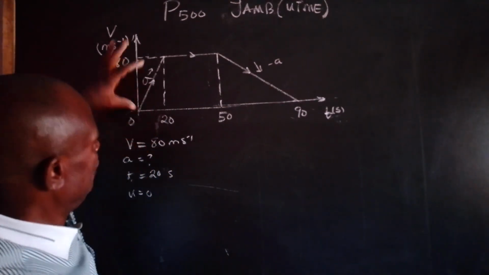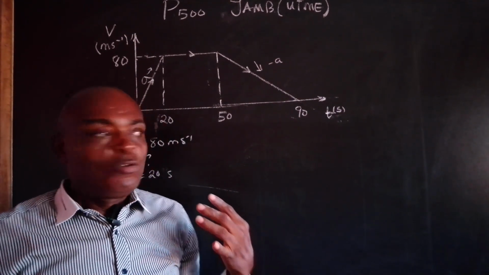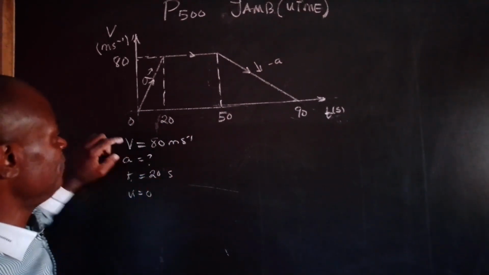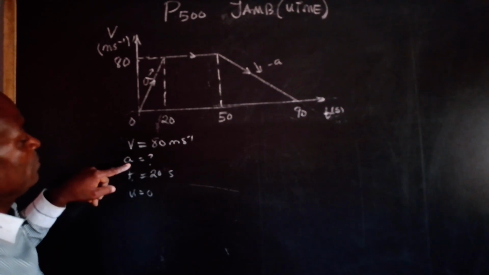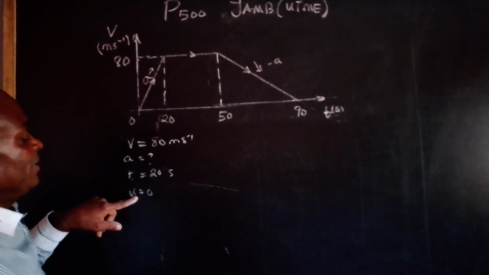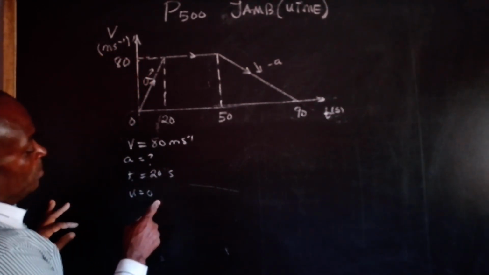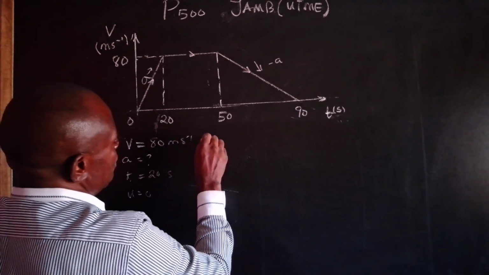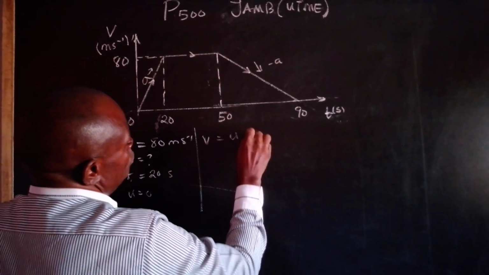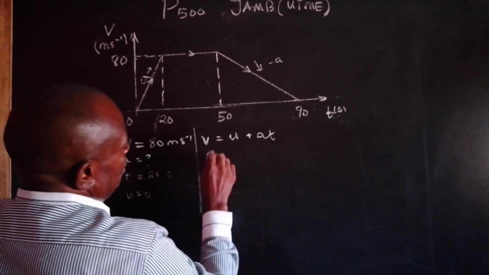So in stage 1, if you have all of these parameters, what equation of motion will be prescribed to be used? We have the final velocity, the acceleration is to be determined, our time is 20 seconds, and the initial velocity for a body moving from rest is equal to 0. So we will have to use V equals U plus at.